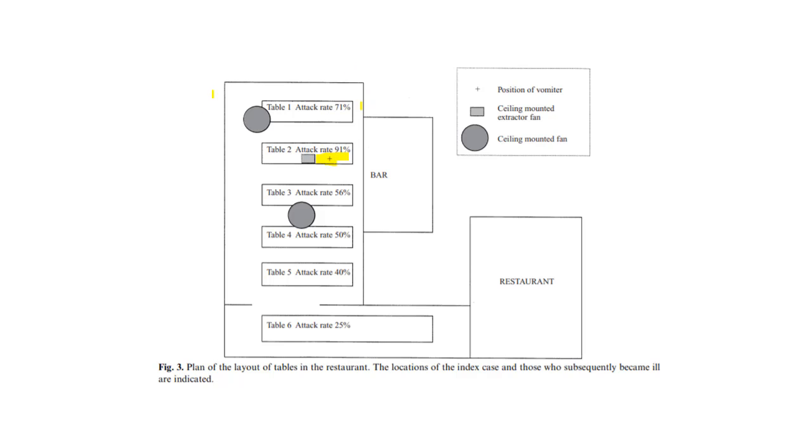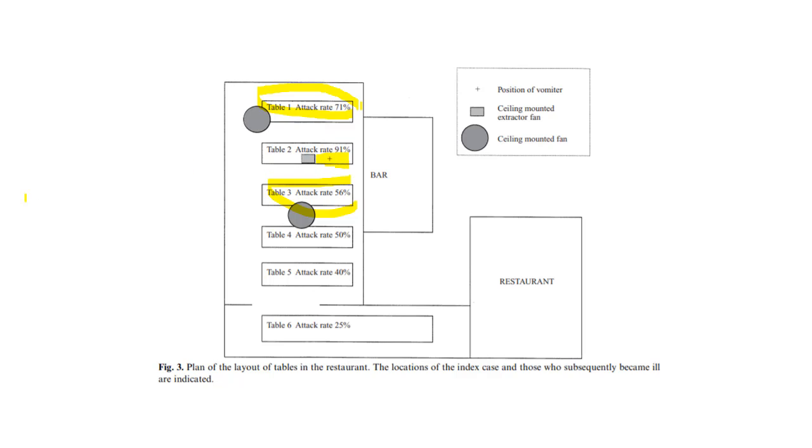So this is the restaurant with 6 tables, and you'd see that the person vomited here, and around the tables closest to the person who vomited, table 1 and table 3 here, they had the highest attack rates. Why? Because they're closest to the person who vomited.